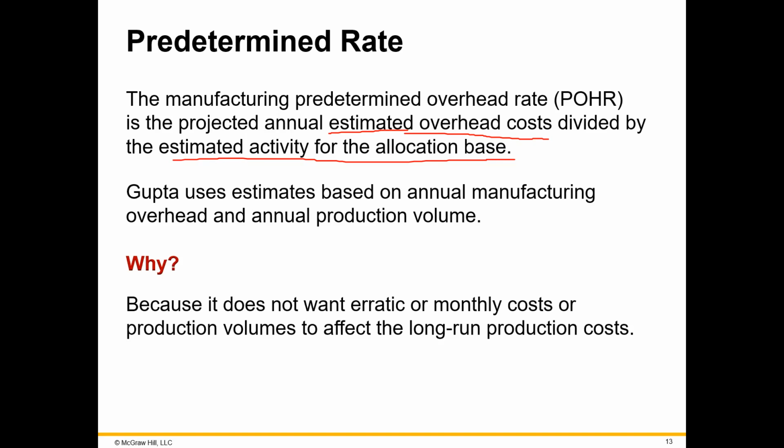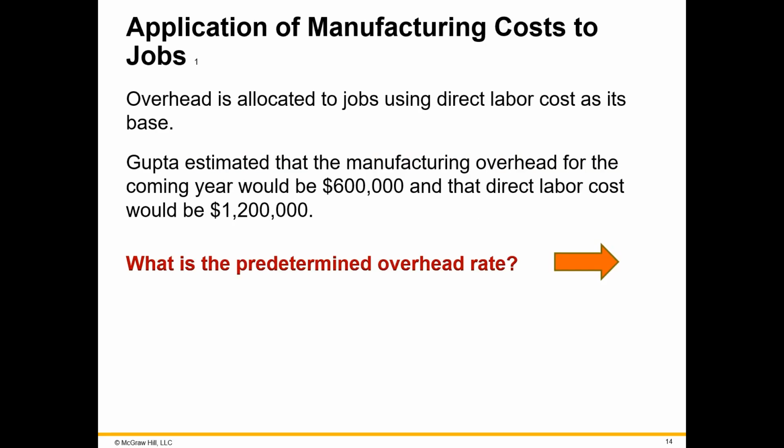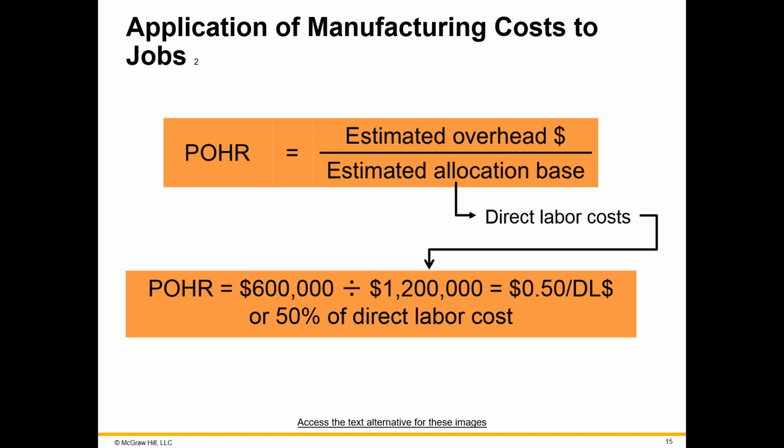So for this example, before the year begins, the company estimated that manufacturing overhead would be $600,000, and they also estimated that direct labor costs would be $1.2 million. And they want to allocate using direct labor cost. So it's a pretty simple formula. You just take that $600,000 divided by $1,200,000, and you get 50 cents per direct labor dollar.